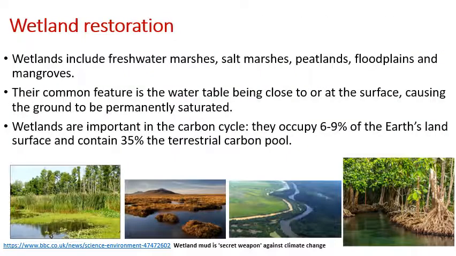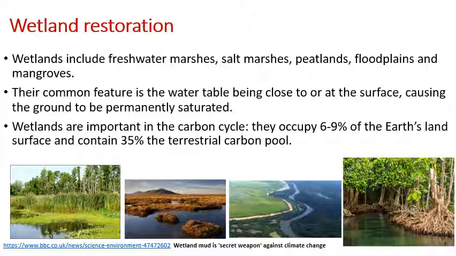So if you remember, wetlands are places like salt marshes, peatlands, mangroves. Mangrove is that picture at the bottom right there where the roots of the trees are really visible above the water, swampy areas, that kind of thing. And they are places where the water table is close to or at the surface, so the ground is permanently wet, permanently saturated.